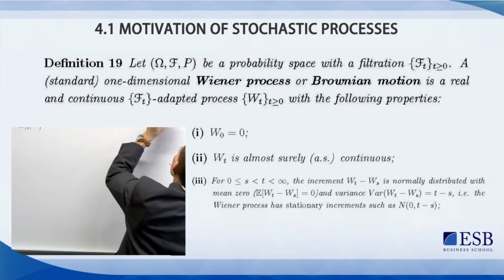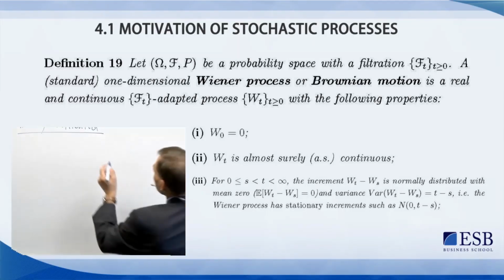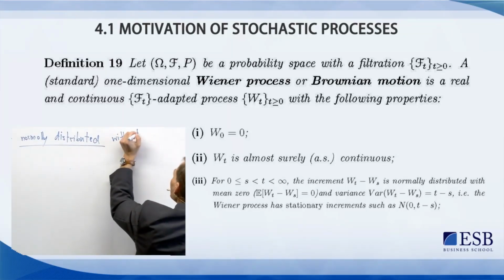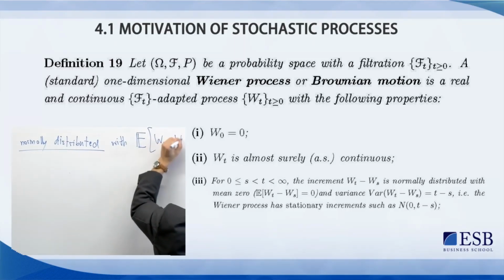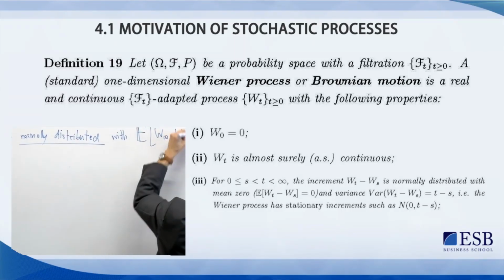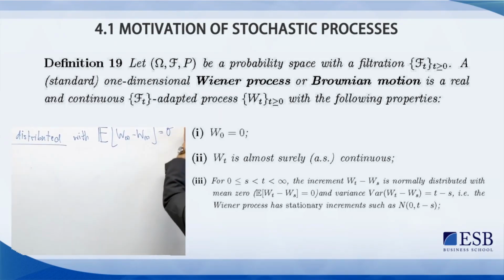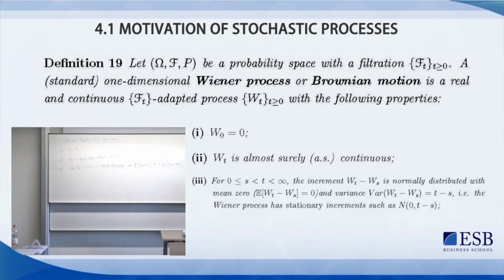Therefore we talked about distributions, and the normal distribution in particular, last time. It is normally distributed with the following properties: with expectation of this increment zero, and the variance of this increment is t minus s.